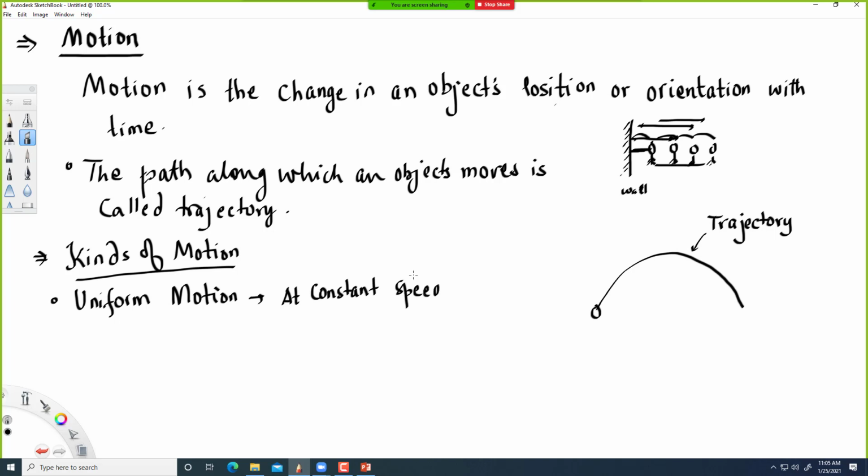And you have non-uniform motion when you are moving at different speeds at different times. So you can say speed is changing. Changing means it could be either increasing or decreasing, okay?